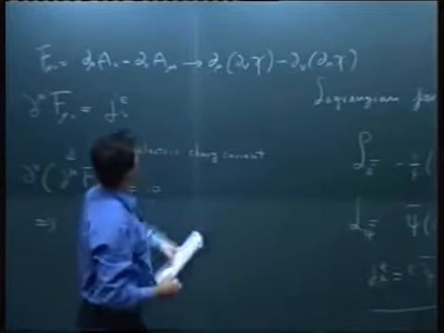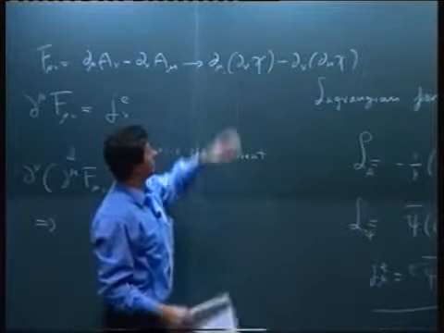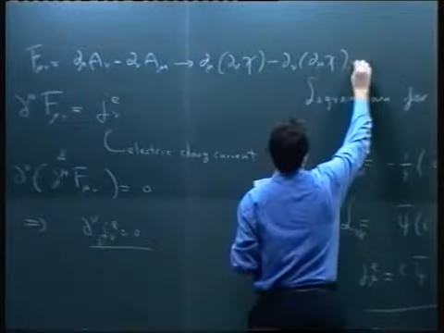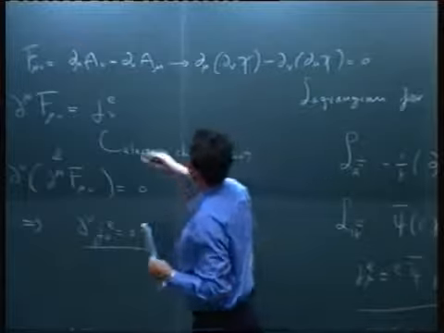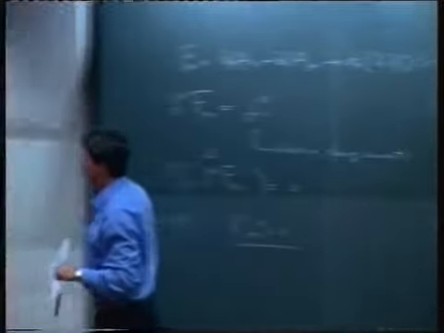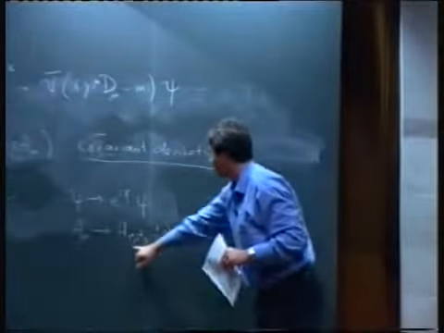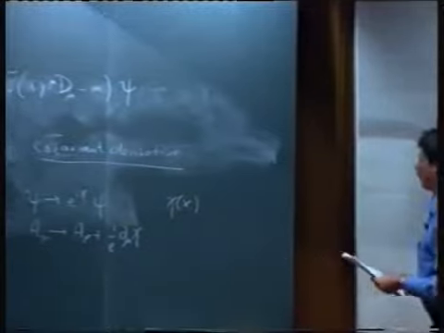And since again the derivatives can be interchanged in order, this change is equal to 0. So indeed F mu nu doesn't change if I add a derivative to my vector potential.